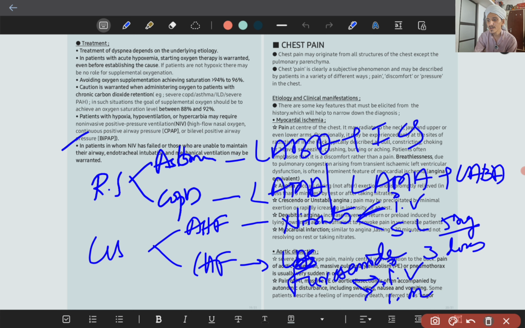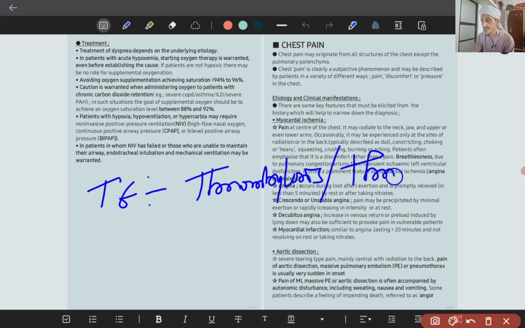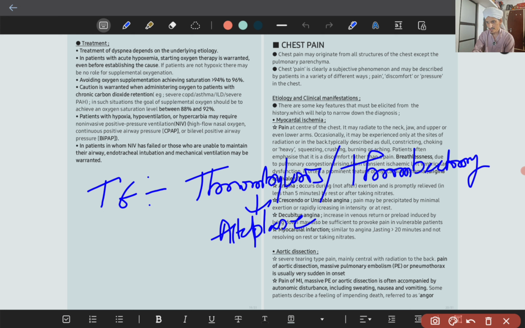And in case of thromboembolism, if it is massive, then you can thrombolyse the clot. Thrombolysis can be done, or thrombectomy, removing the clot by surgery. Thrombolysis by alteplase is the commonly used one.